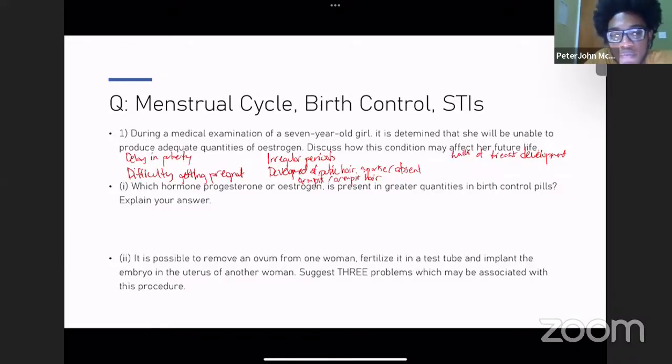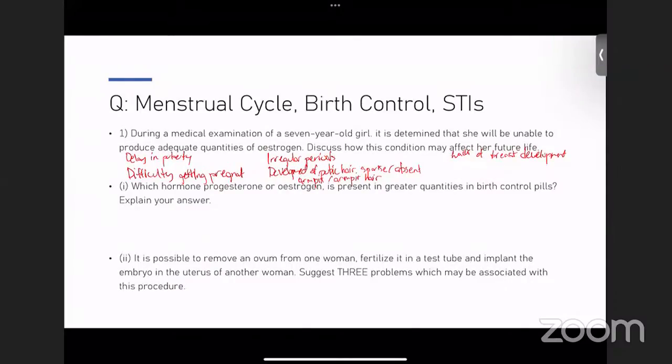Some people with severe dysmenorrhea, painful periods, just take birth control and they cease their menstruation. When you take birth control, you also don't get pregnant, because your body thinks you're pregnant, so it's not going to grow any more follicles. You're not going to grow any eggs to make you pregnant. So that's how that works.